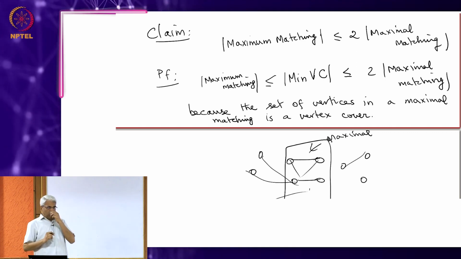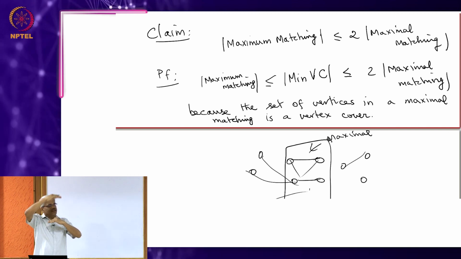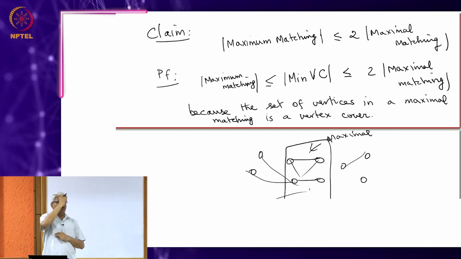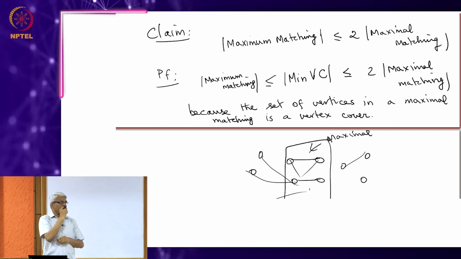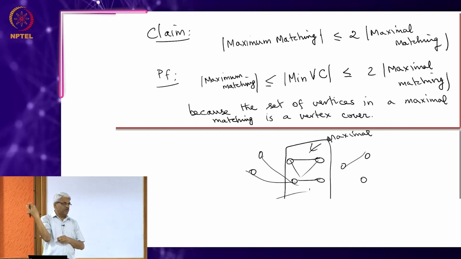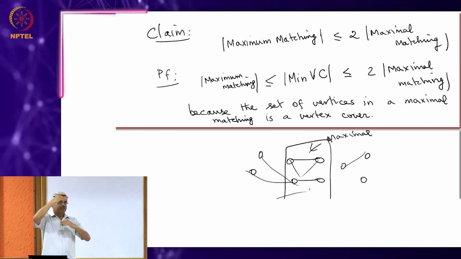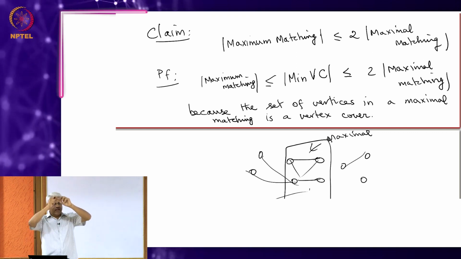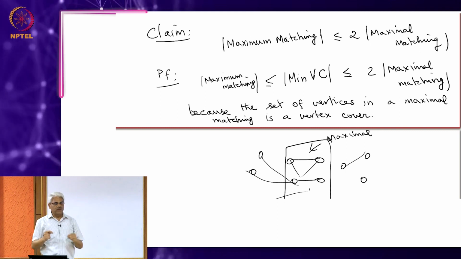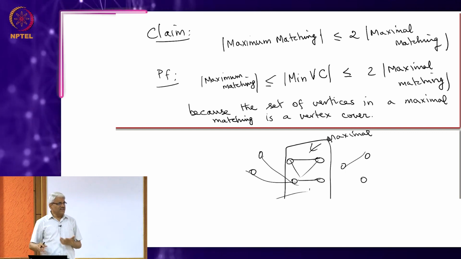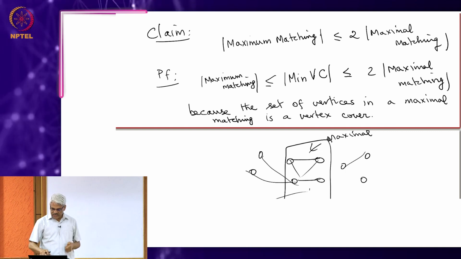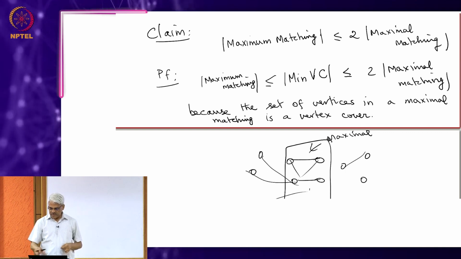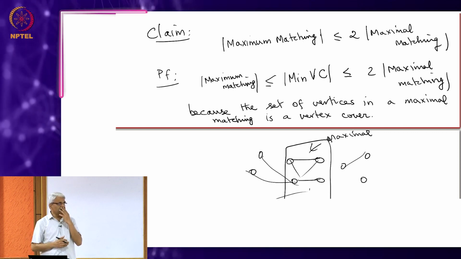Because if you take any matching for that matter, each matching edge requires one vertex in the vertex cover. These are all disjoint, so one vertex cannot cover multiple edges. For each edge in the matching you need at least one vertex. So, any vertex cover should have size at least the size of the maximum matching. So, together you have maximum matching at most 2 times maximal matching.